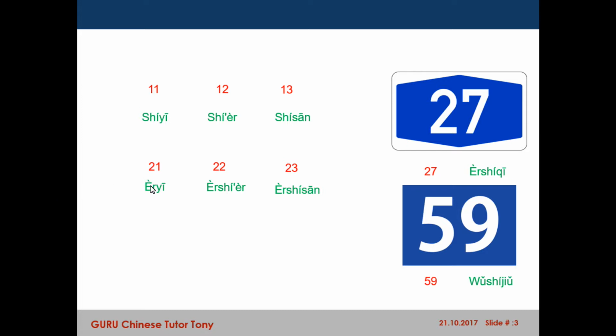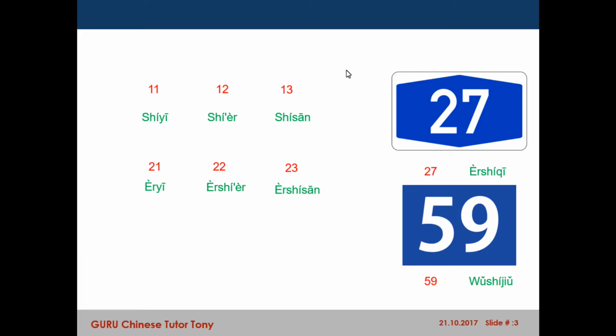Then 23 is 2, 10, 3. So you can find out that the numbers 0 to 9 compose the numbers after 11.